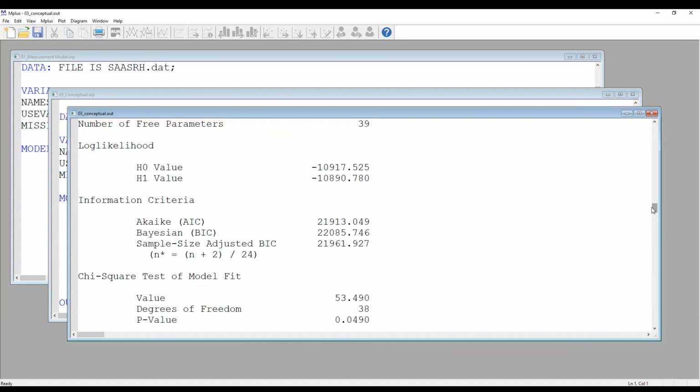So I can say 53.49 with 38 degrees of freedom minus 49.56 with 35 degrees of freedom. And I get 3.93 with 3 degrees of freedom.